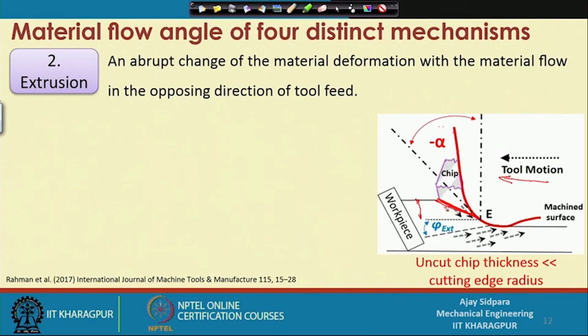Consider the small amount of HC, this part may go as a chip, and the remaining part, whatever is here, will be extruded into the machine zone. So, all of this HC will be deformed completely, but it may not come out as a chip; some of the part will become the machined surface in terms of the extrusion process.